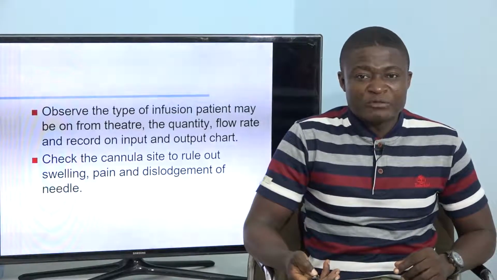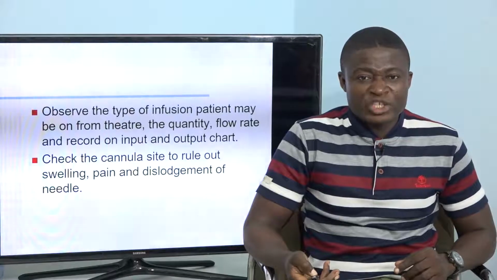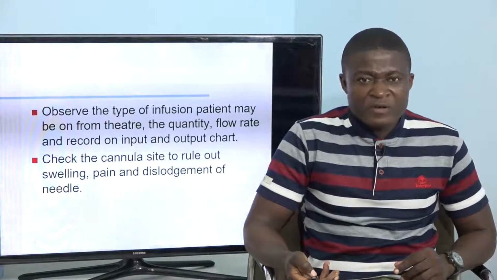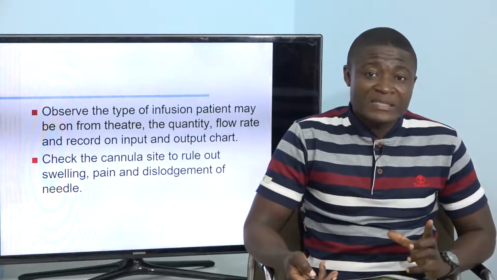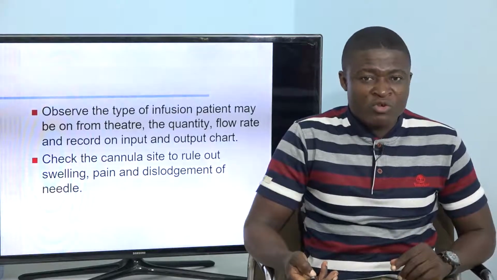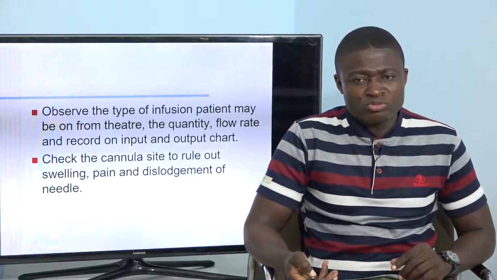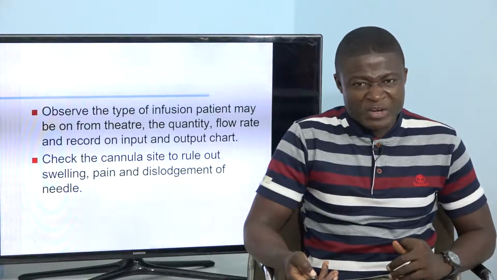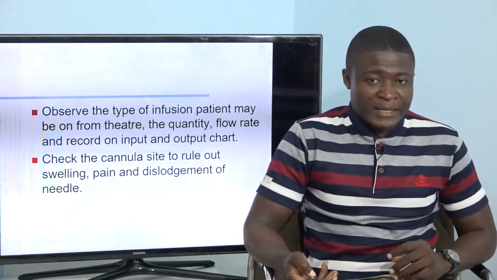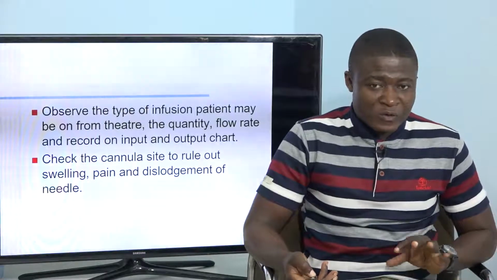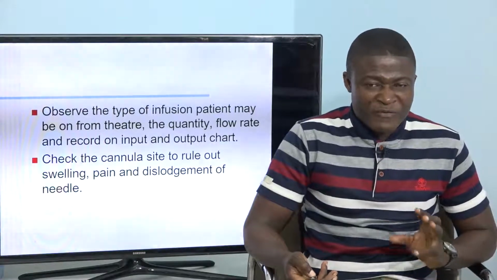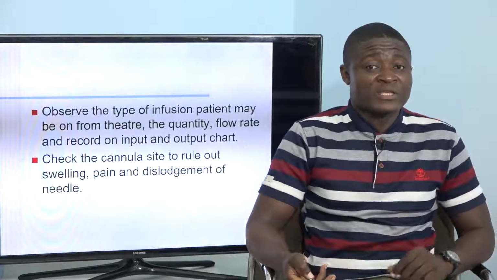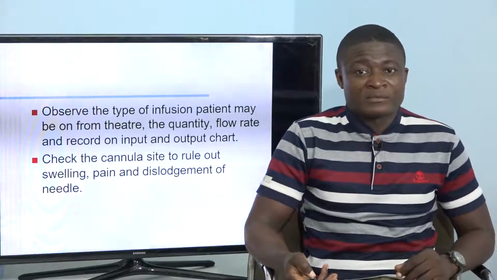Observe the type of infusion a patient may be on from the theater, the quantity, the flow rate, and then you record on the input and output chart. So what we're saying is, you need to make sure as part of your observation, assess or check for the type of IV fluids, intravenous fluids, that were brought from the theater.